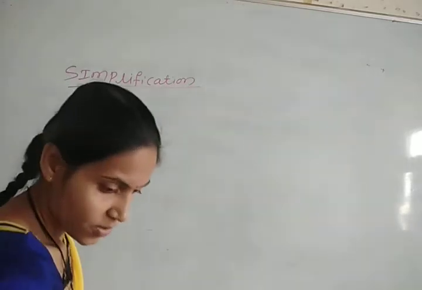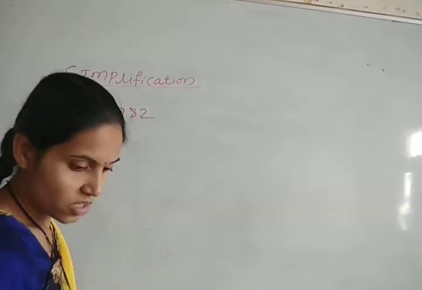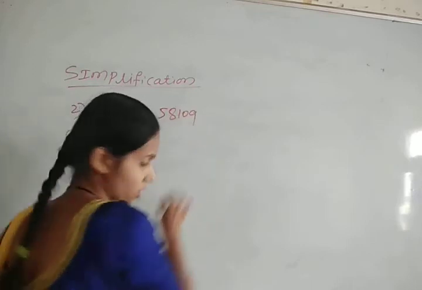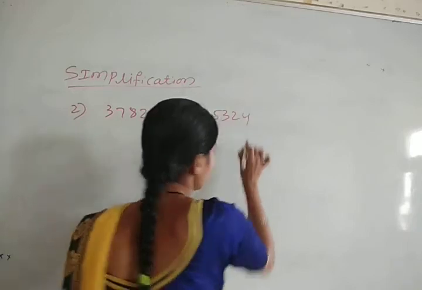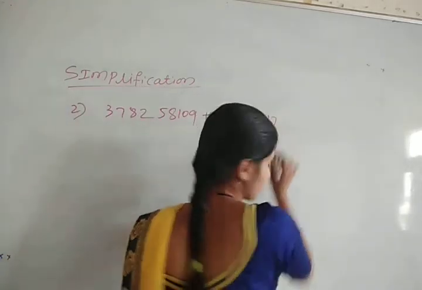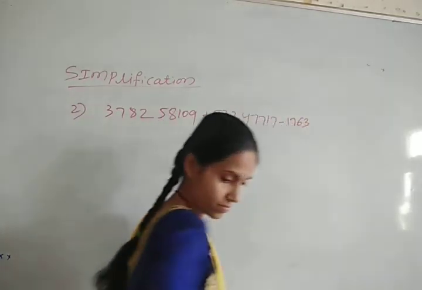The question is 3782, 58109. Okay. Plus 5324, 7717 minus 1763, 0919.